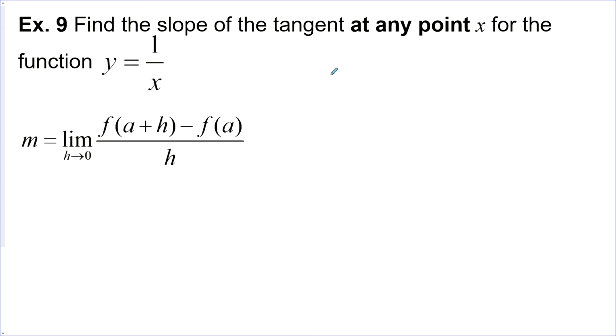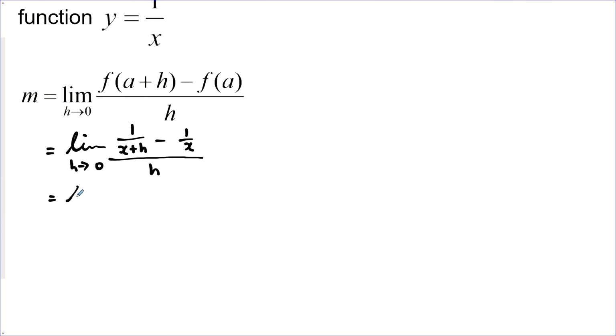Find the slope of the tangent at any point x for the function y equals 1 over x. So we have the limit as h approaches 0, and we're going to use any point x, so we'll say 1 over x plus h minus 1 over x, all over h. Again, we want to get rid of these fractions in our numerator, so multiply this one by x over x, put brackets around that because we need to distribute it in.